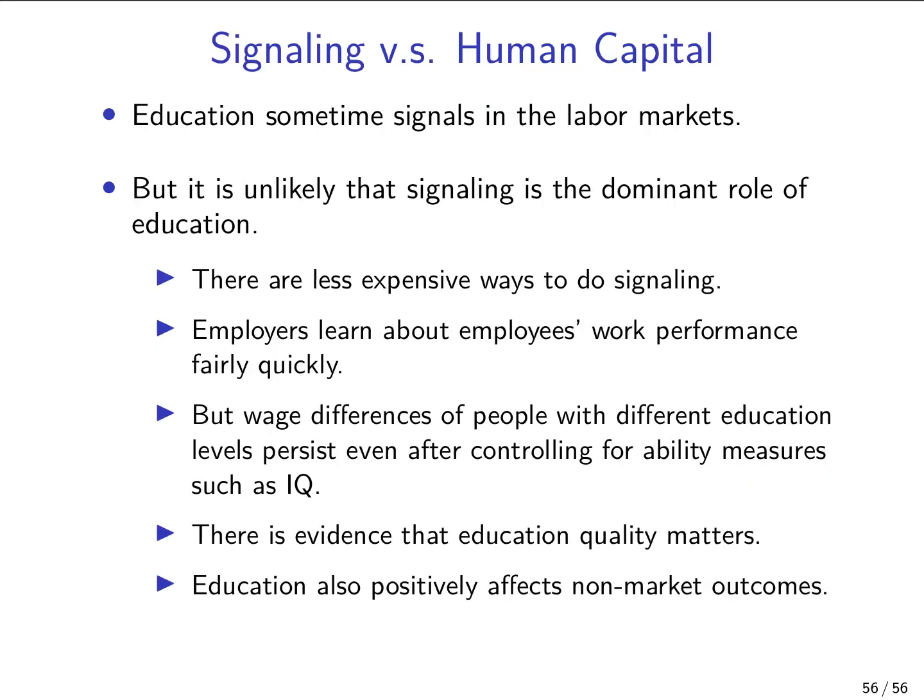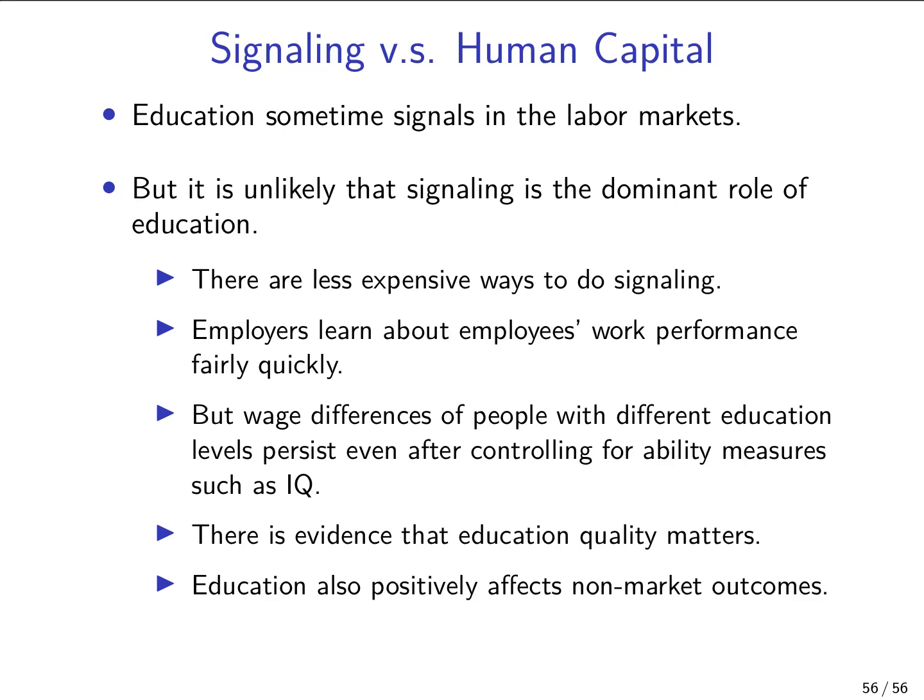Since we mentioned education here, I want to make a remark. In general, education can sometimes signal in the labor market, although not always. That depends. But through other studies, economists tend to think that the primary function of education is not signaling, but rather to build human capital, to make students more productive in the jobs they have in the future.